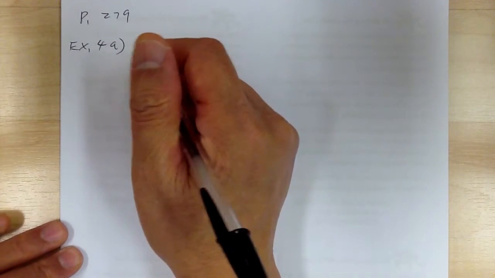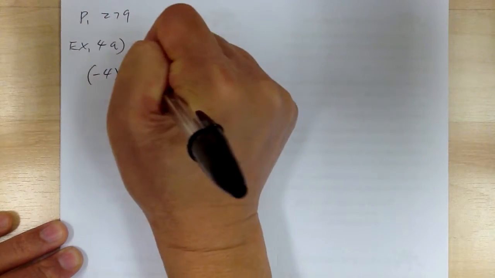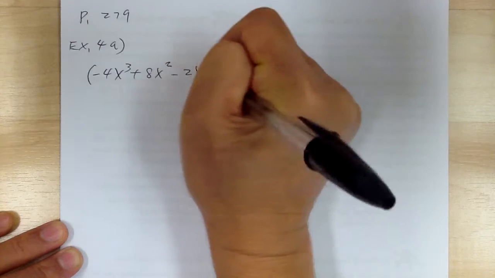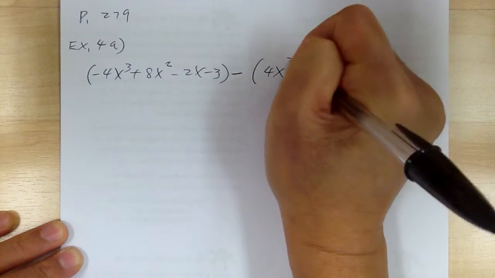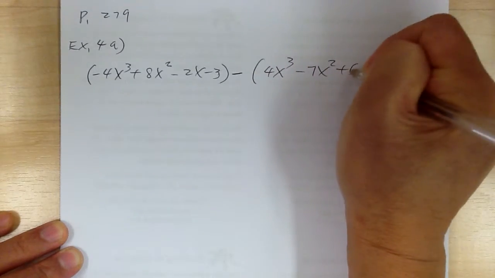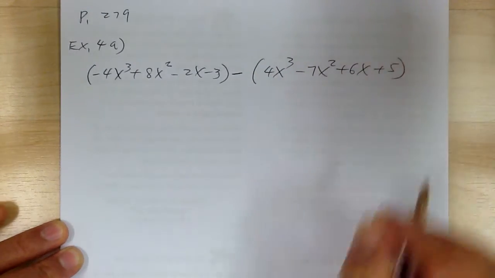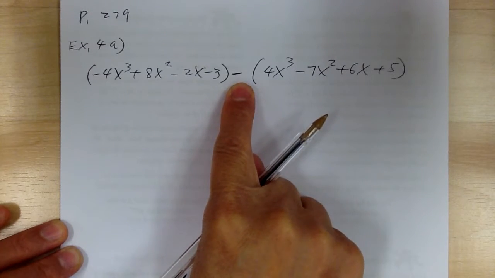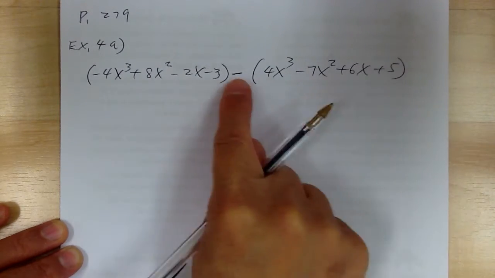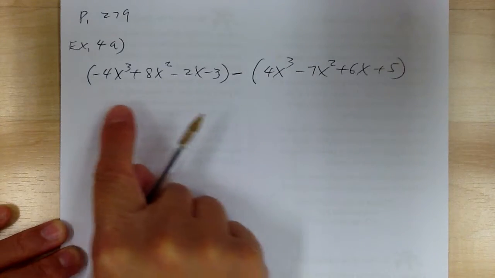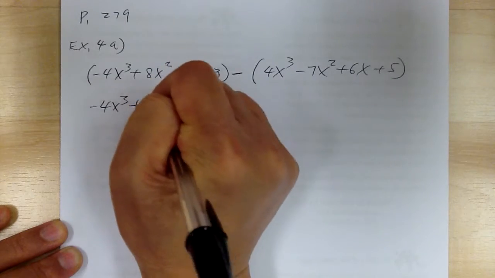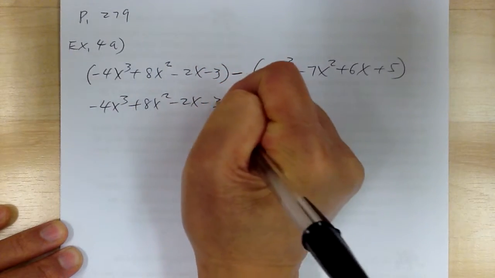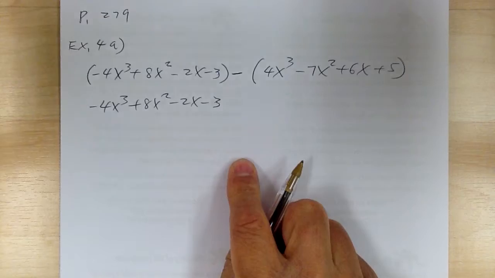For A, subtraction, you have negative 4x cubed plus 8x squared minus 2x minus 3, and this is a subtraction: 4x cubed minus 7x squared plus 6x plus 5. When you have a subtraction, you need to change signs for the second polynomial. Let's get rid of the parentheses first. You're going to get negative 4x cubed plus 8x squared minus 2x minus 3. This is the same, everything the same, but this is the part you have to watch.